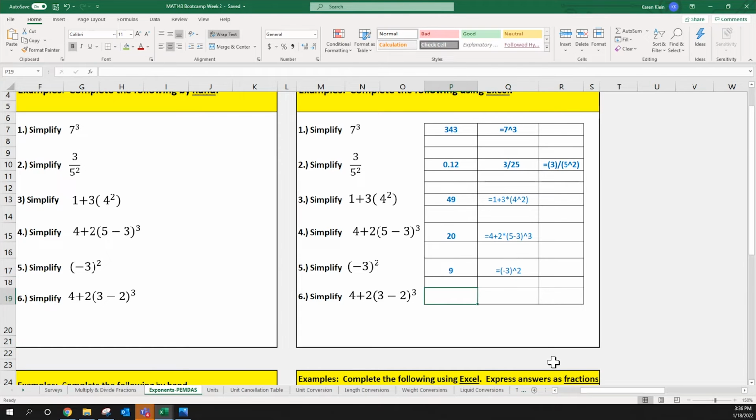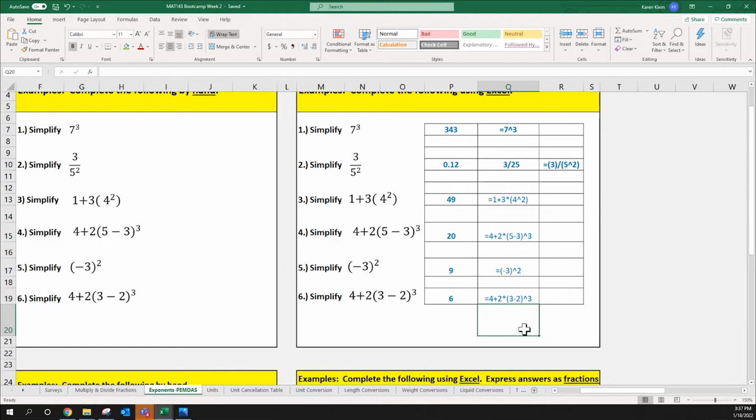All right, number 6. So we have equals 4 plus 2 times parentheses 3 minus 2 parentheses caret 3. And we end up with 6.